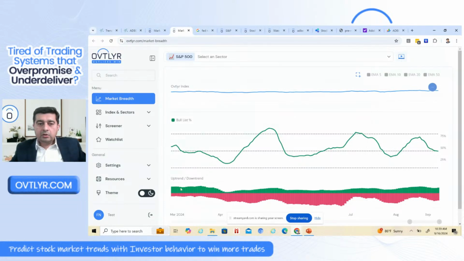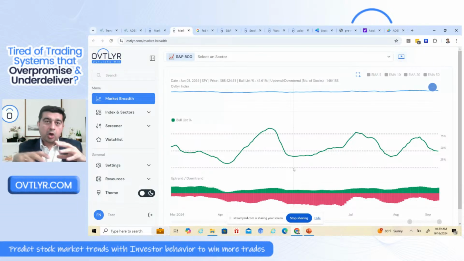Plus, I look into these uptrend and downtrend indicators. So what it is, as you guys are aware, for every stock we have this unique indicator whether a stock is in uptrend or a stock is in downtrend. You can see the green overlays and these red overlays.